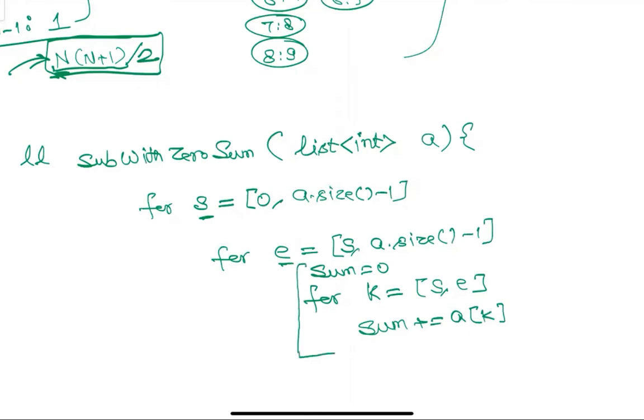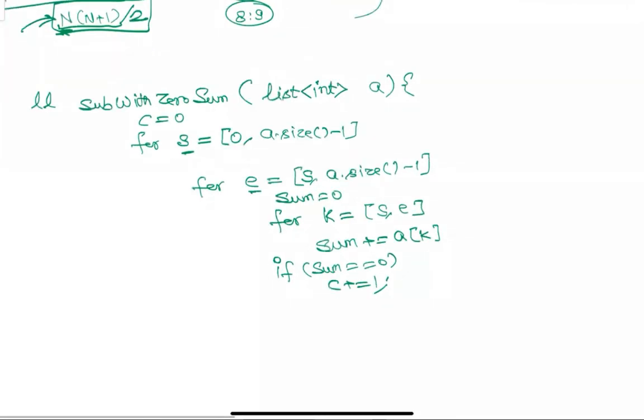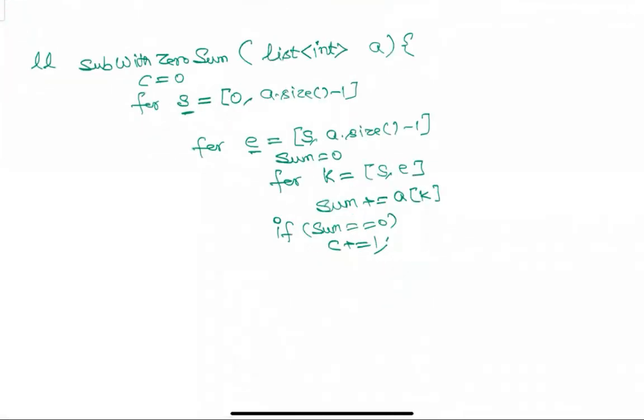After this loop is over, if sum is 0, we do count plus equals 1. And this is our count. Is this clear? This is the pure brute force approach for counting subarrays. What will be the time complexity of this?